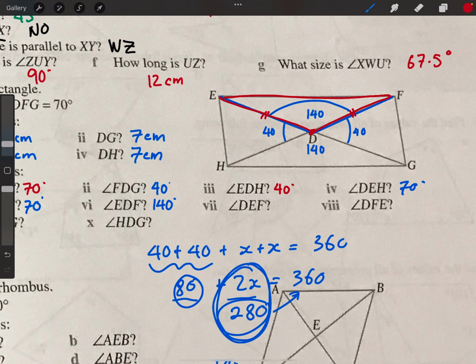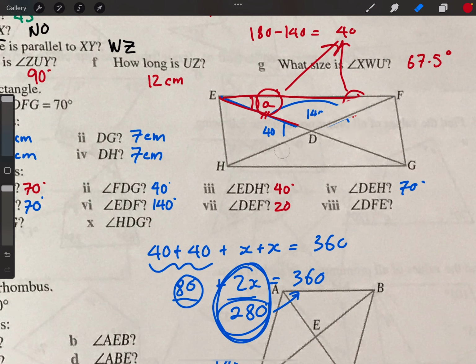Now these two angles are going to be the same because this is an isosceles triangle, and they make 180. Let's call that A, and that's A. So 180 take away 140 is 40. These two must add up to 40, and they're the same. So 40 divided by 2, that means A must equal 20.